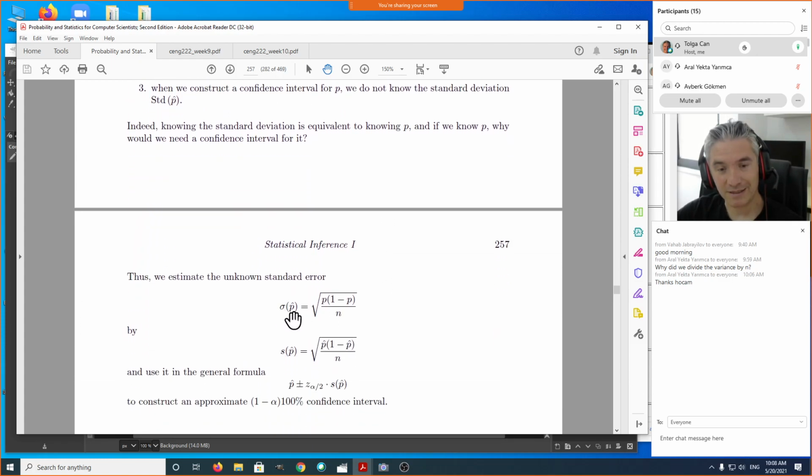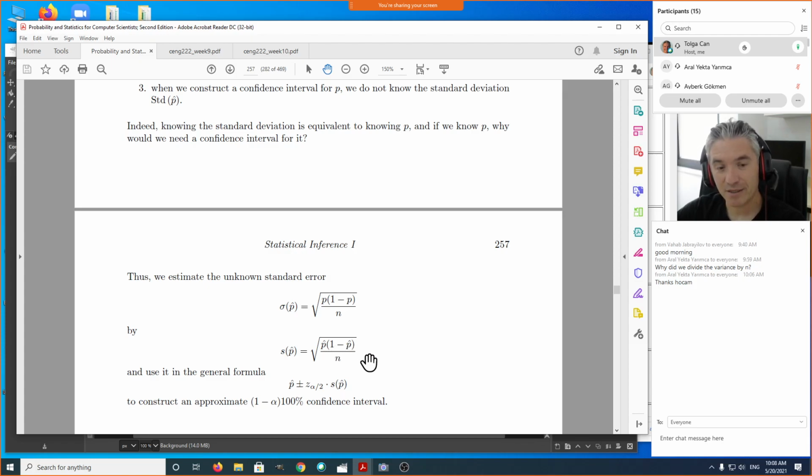The standard error is the standard deviation of individual variables divided by the square root of n. This one is unknown, so we try to estimate it. We use an estimate, p hat, for the population proportion. You collect your sample and look at the frequency of the data points in your sample that contain that variable.